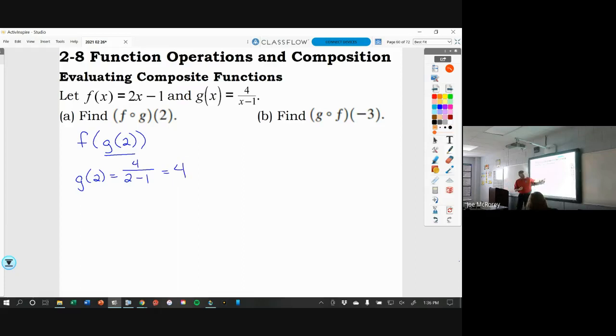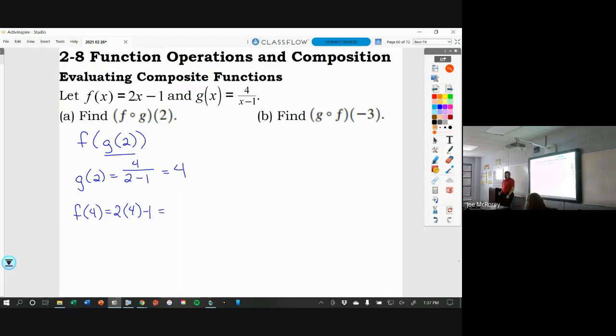This 4 value is now going to be plugged into the f function. G of 2 is 4, so 4 can replace g of 2. F of 4. I'm now dealing with the f function. 2 times x, which is 4, minus 1.